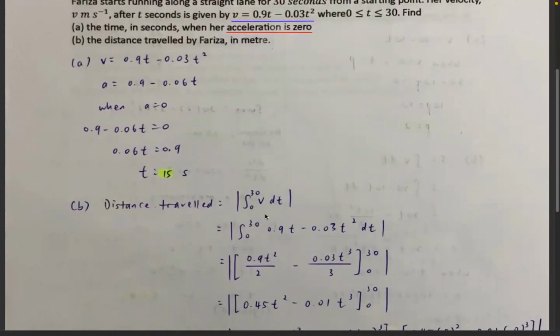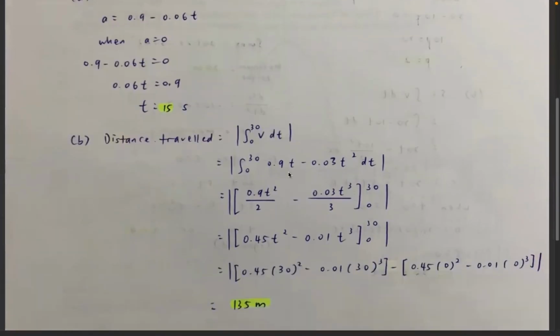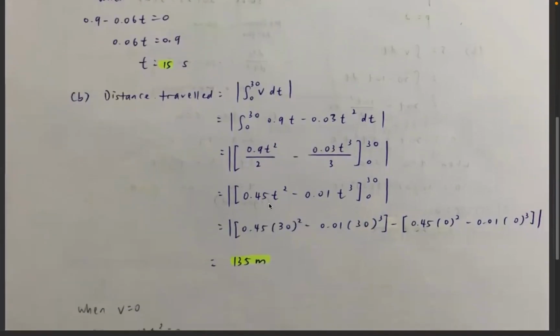So now I substitute v equals 0.9t minus 0.03t squared. Then we integrate and simplify, then we substitute 30 into the function minus substitute 0 into the function. So we have the answer 135 meters.